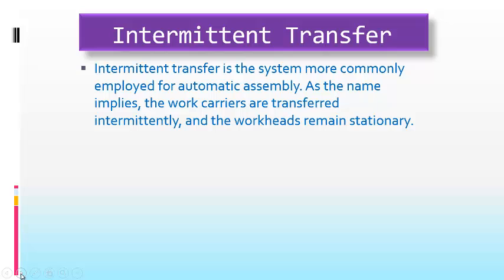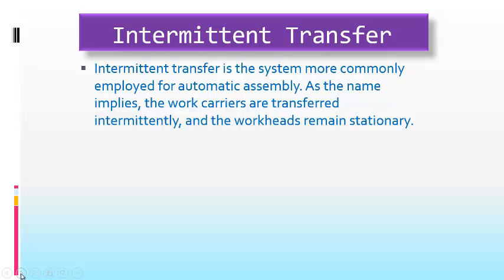Intermittent transfer is the system more commonly employed in automatic assembly. As the name implies, the work carriers are transferred intermittently. The work carrier will move from place to place and stop, and the workhead remains stationary all the time. The workhead just does the assembly operation and goes back, and it stays in its place while the work moves intermittently.